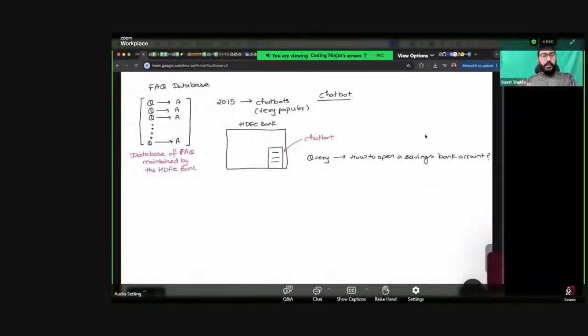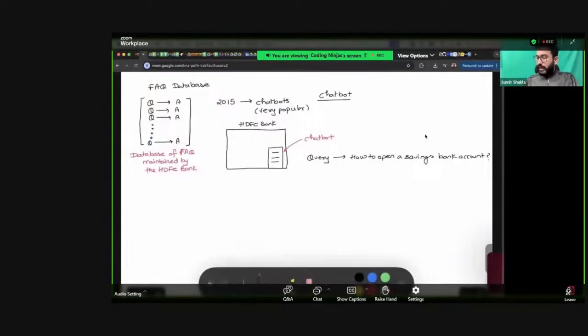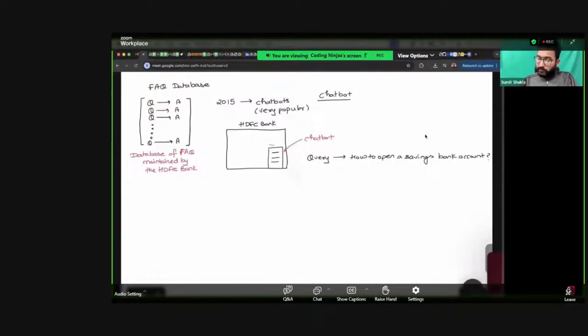In this database, the chatbot will take your query and try to find the closest match of your query with the questions available in the FAQ database.